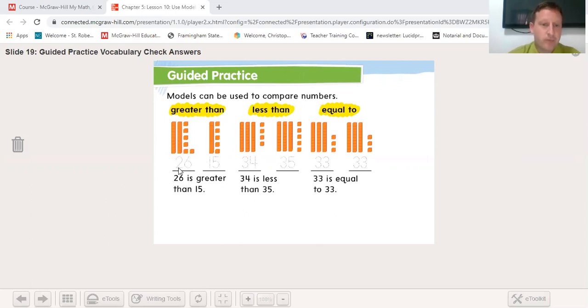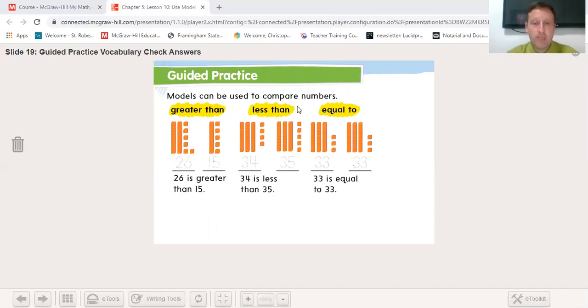We have the first one, 26. So you can trace the numbers, and the other number is 15. And it says 26 is greater than 15, which means 26 is a bigger number, or it has more than 15.